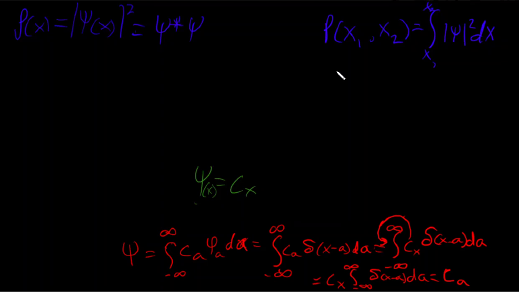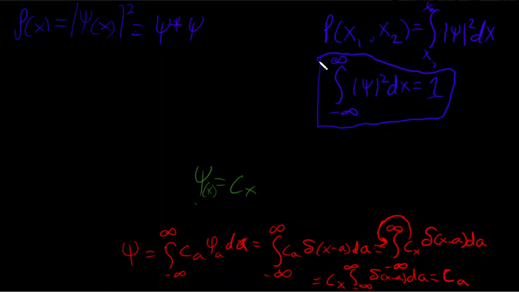And then, just using the idea of normalization that we had, what's the probability that the particle is somewhere between negative infinity and infinity? Well, that's the integral from negative infinity to infinity of psi norm squared dx, which is equal to 1. And this is our normalization condition. Similar to how in the other case the magnitude of psi had to be a unit vector, the norm of psi had to be 1.